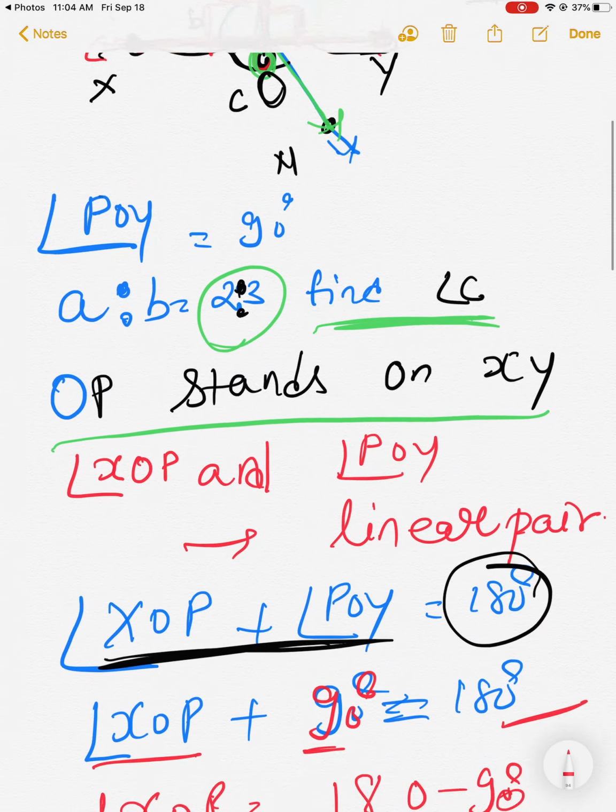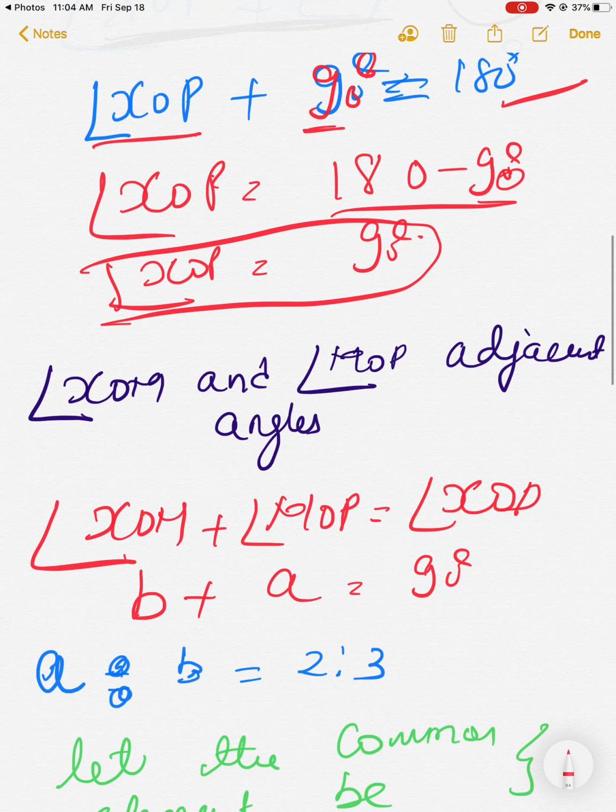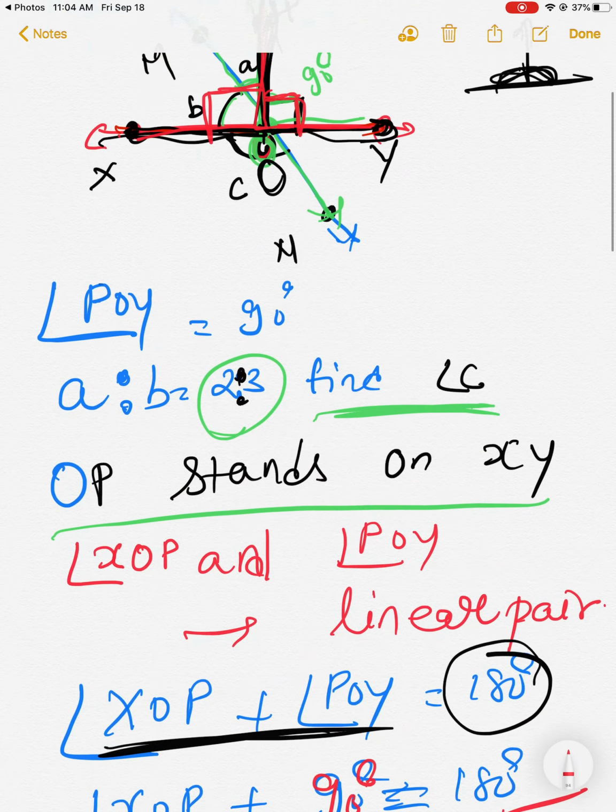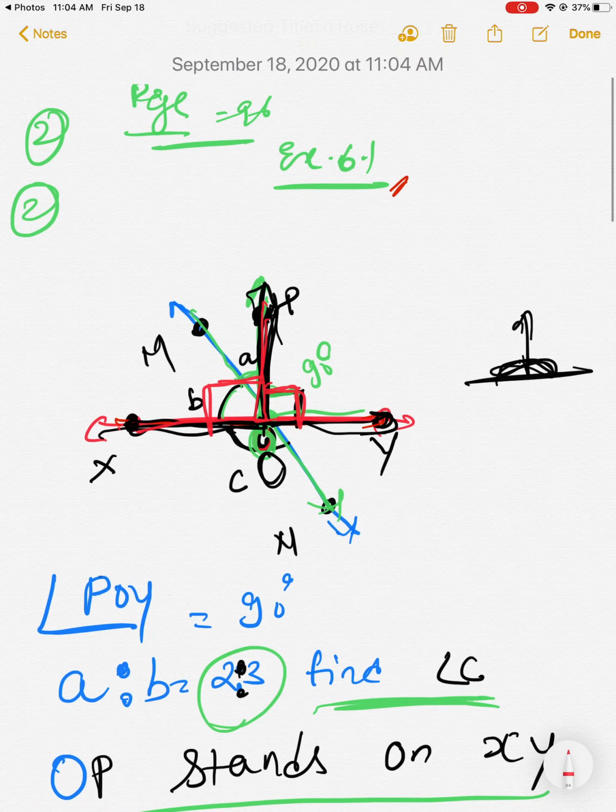Now the second case is given, angle B plus A. What is angle B? Angle B is MOX, and this is MOP.